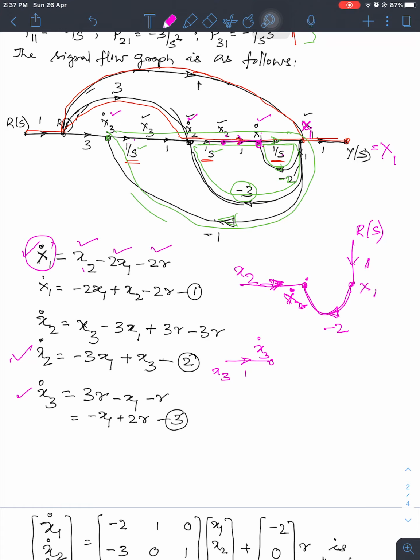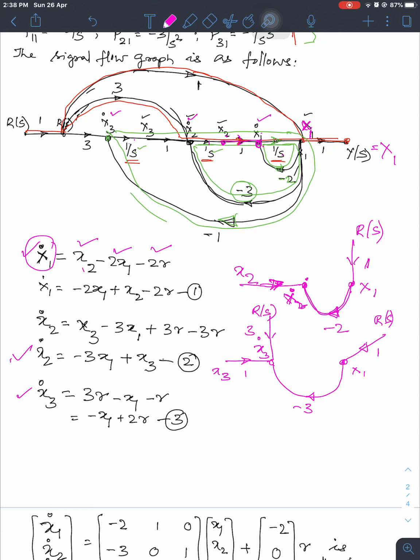Okay, this is one signal. Then there is this x1, so we have minus 3x1. Okay, and then there is a signal this way. From R, we have one signal like this directly via 3 times R, and there is another signal which is meeting at x1 via R. This is also R into 1.